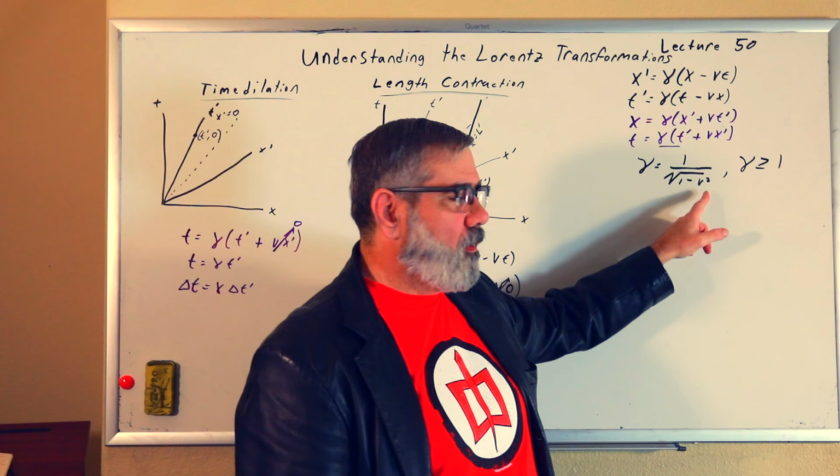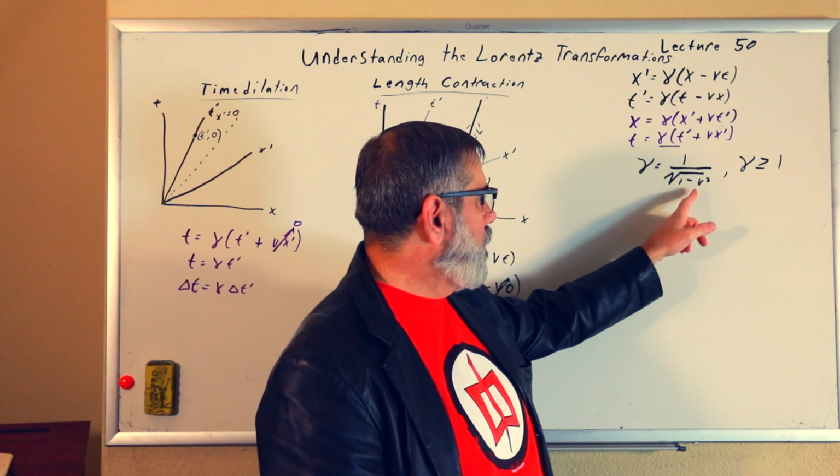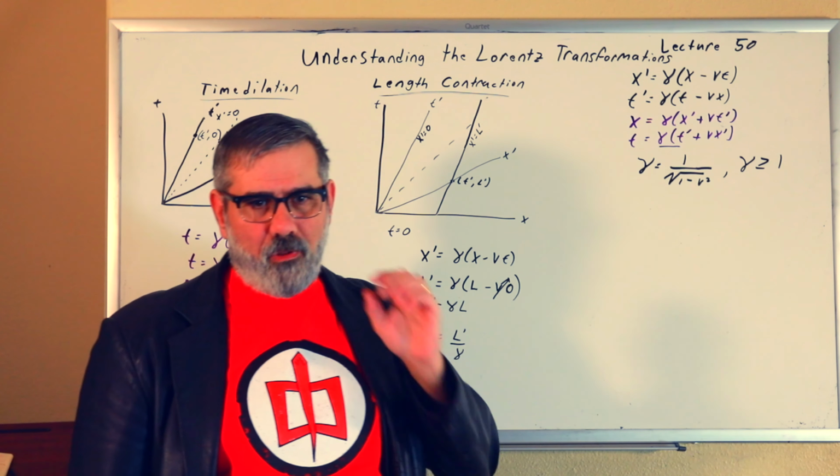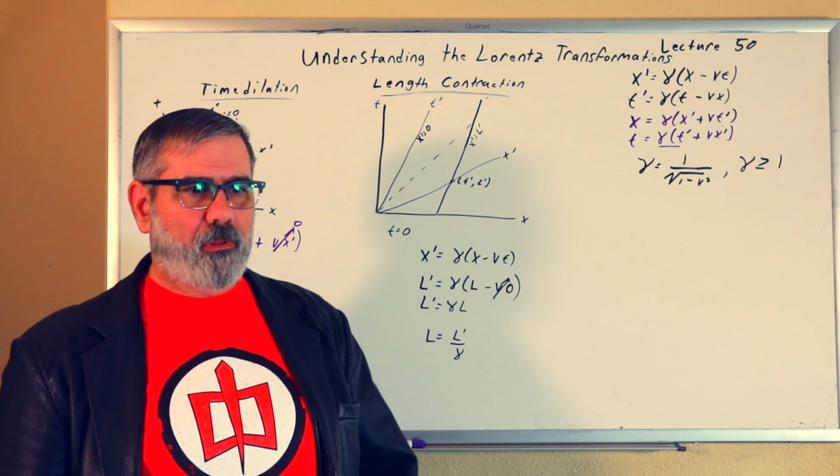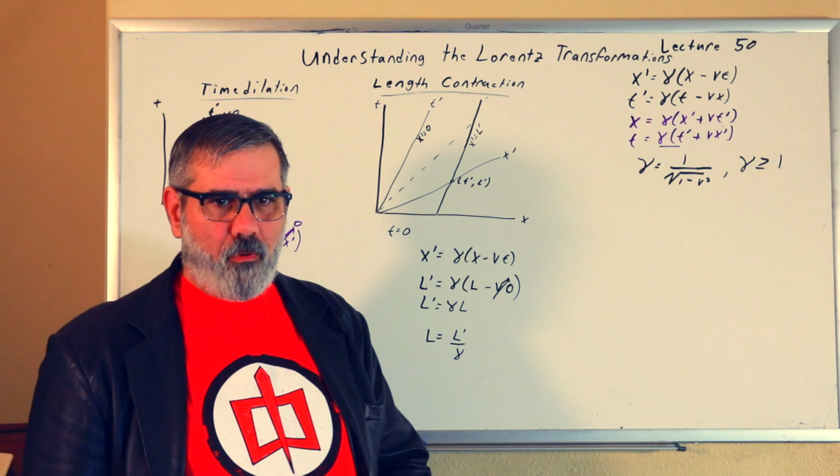Any other value of v is going to be less than 1, because we're saying the speed of light is 1. So our velocities will always be something like 0.6 for 60% the speed of light, 0.8 for 80% the speed of light, right? And so 1 minus 0.8 squared is a value which is smaller than 1. We'll be dividing 1 by something less than 1, so it's going to get bigger, you see? So gamma is always greater than or equal to 1.